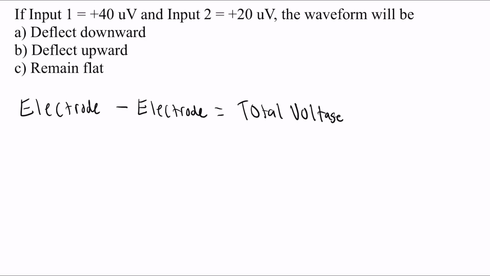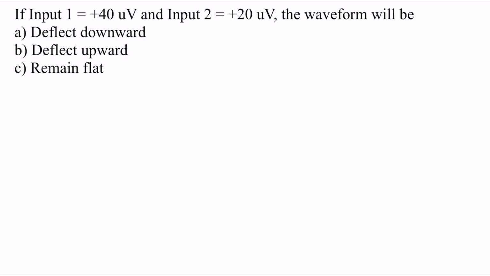If voltage is positive, we have a downward deflection, and if voltage is negative, we have an upward deflection. So electrode 1 subtract electrode 2: 40 subtract 20 is equal to positive 20, which, remember, if voltage is positive, gives a downward deflection on the EEG.